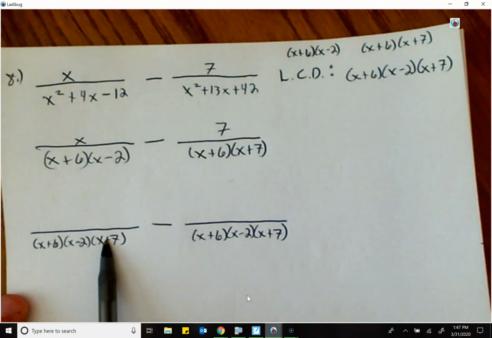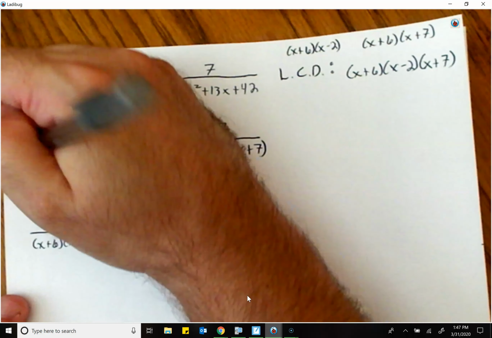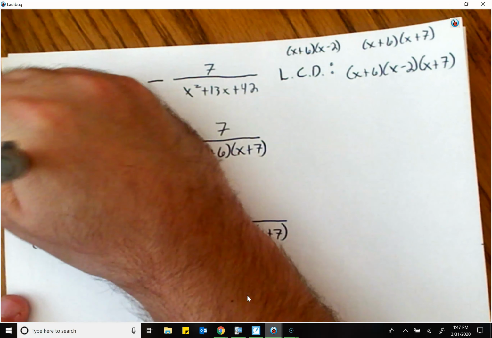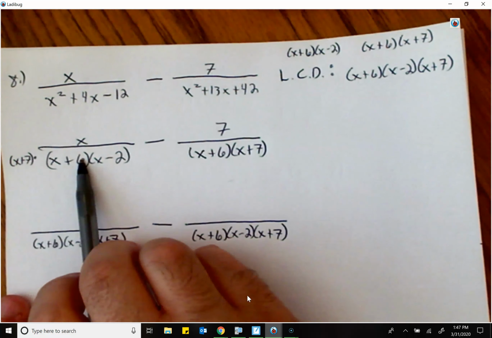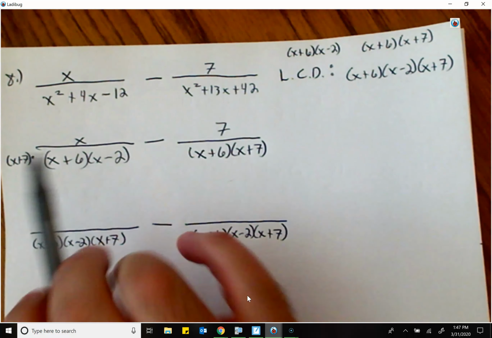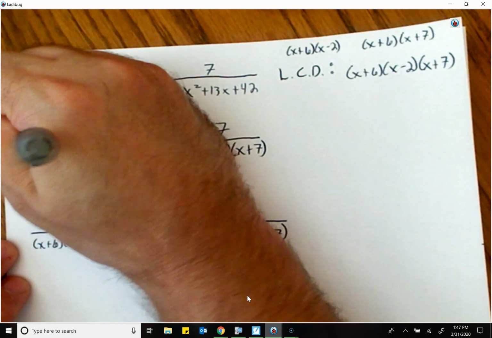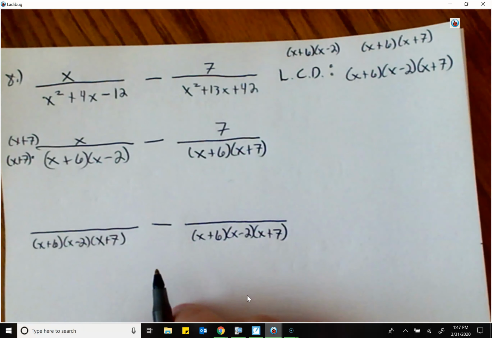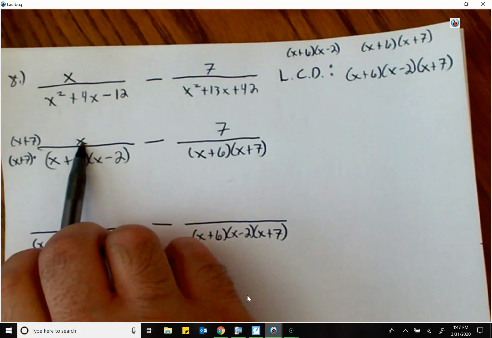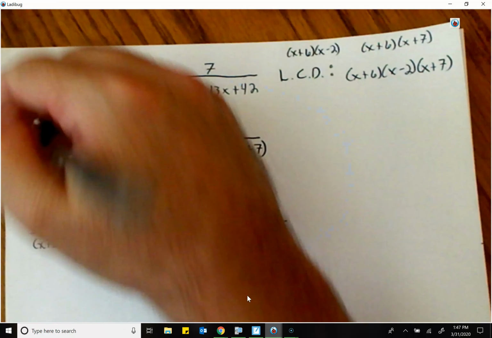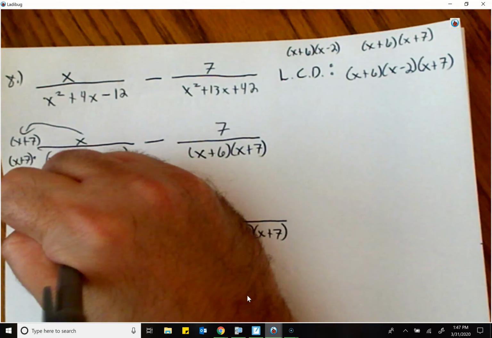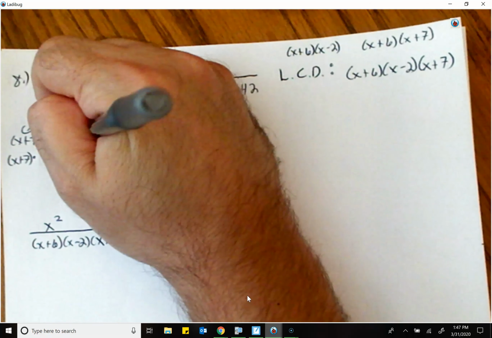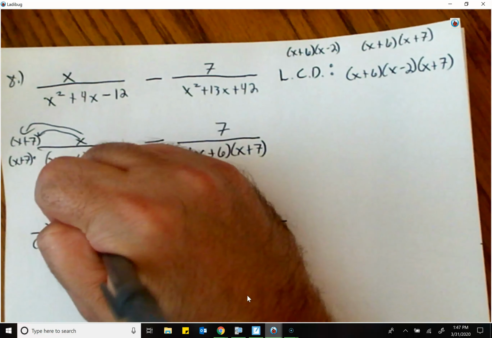Here's what I need. What's missing? The x plus 7. So if I multiply the denominator by x plus 7, I gotta multiply the numerator by x plus 7. So this is just going to distribute through. What's x times x? That's x squared. What's x times 7? That's a positive 7x.